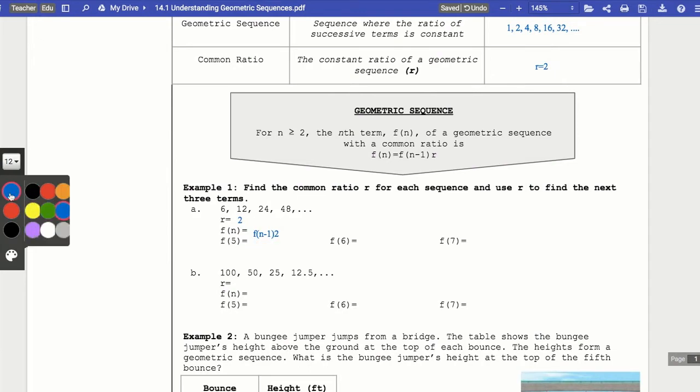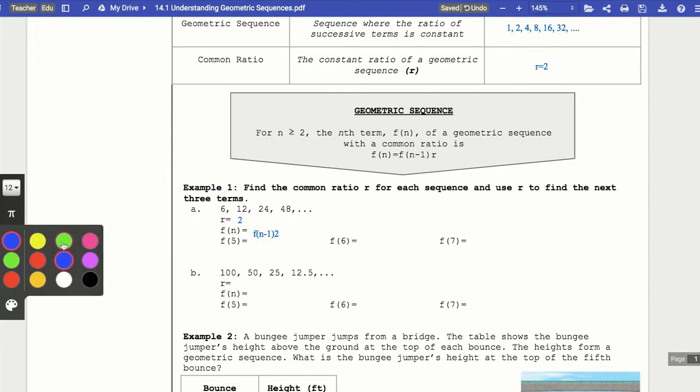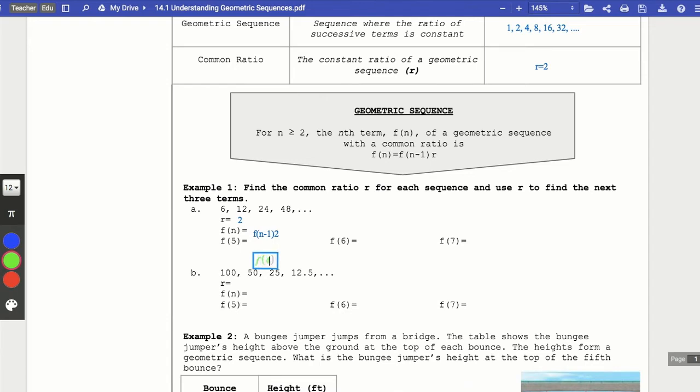So to figure out f of 5, this is where I do a little bit of math. I'm just going to plug 5 in for n and solve. So f of 5 is really f of 4 times 2.